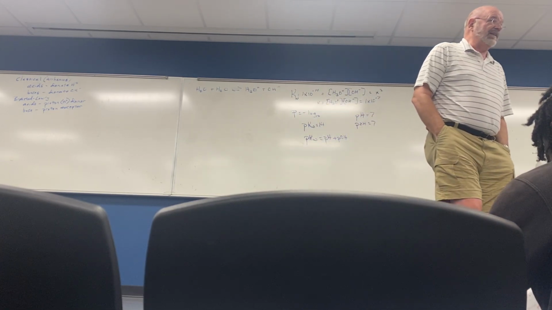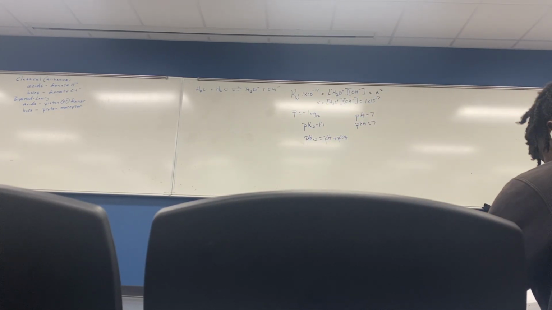Notice something else that comes out of this. What's the difference between pH 7 and pH 6? What has happened to the hydrogen ion? It's changed by an order of magnitude. It's 10 times higher. Every time you change a pH unit, the hydrogen ion concentration either went up or down by a factor of 10. Those are pretty huge changes.